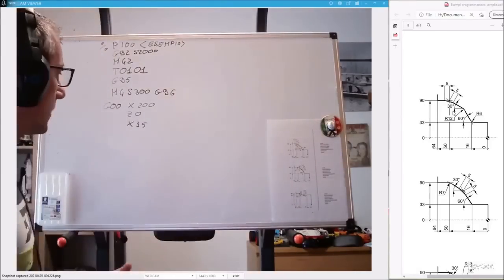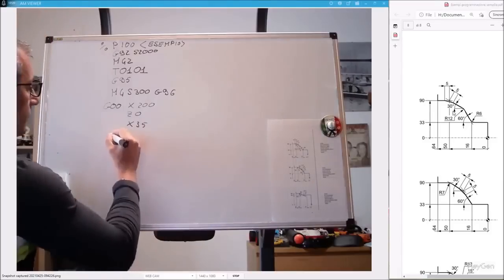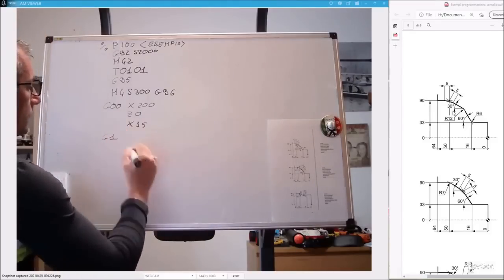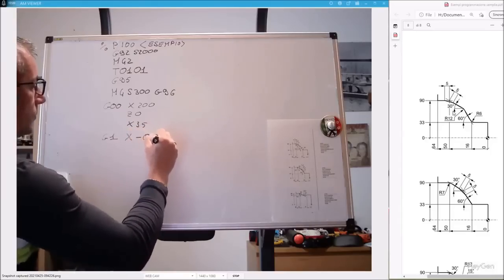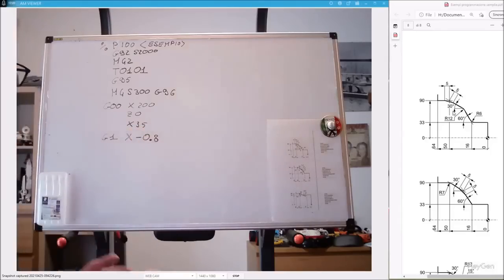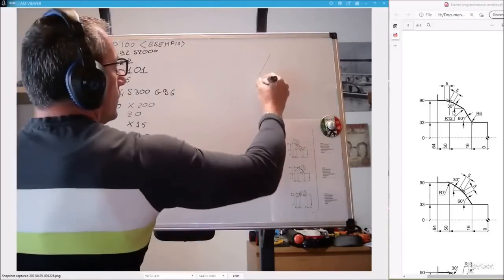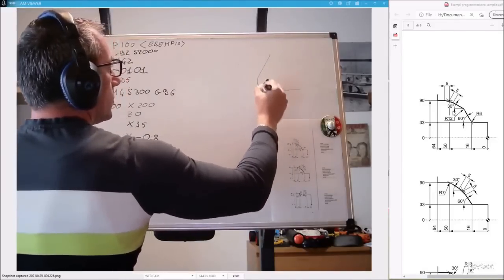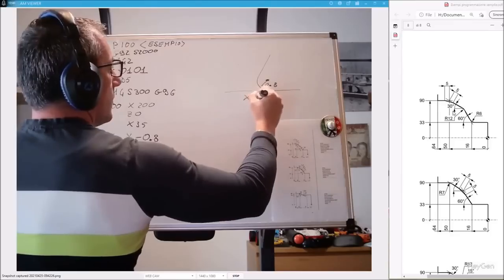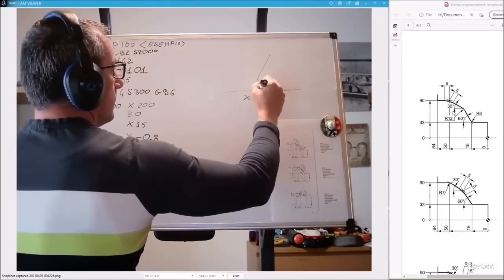At this point, I move on to G1. I enter X minus 0.8 because I already mentioned it. If I have an insert whose tip radius is 0.8 and I go to X0, this part of the steel will not be removed.